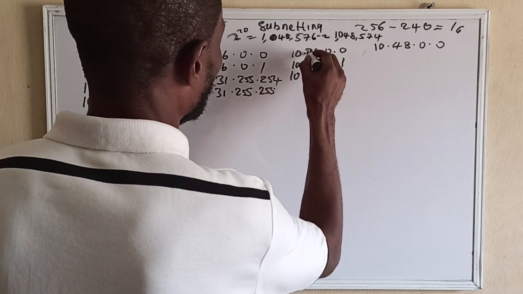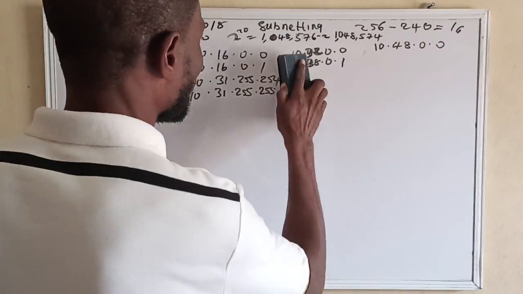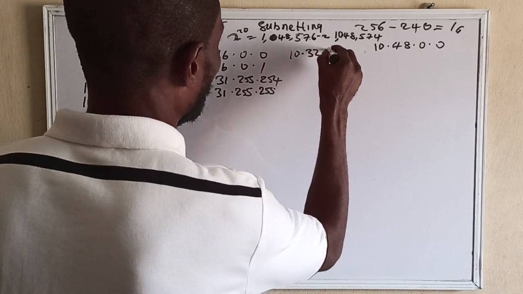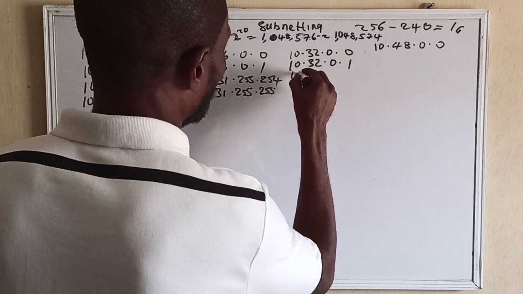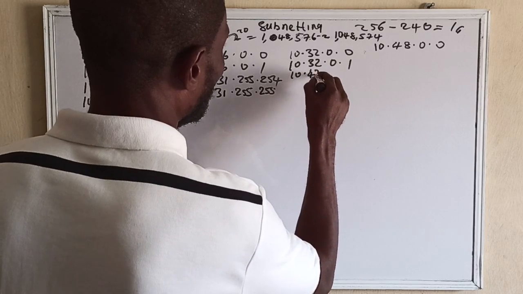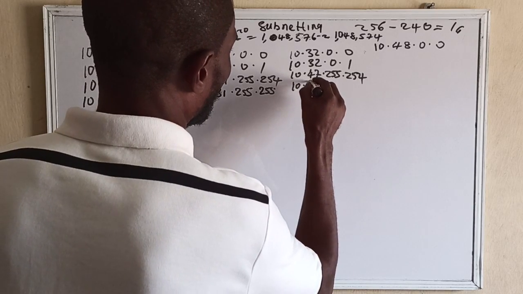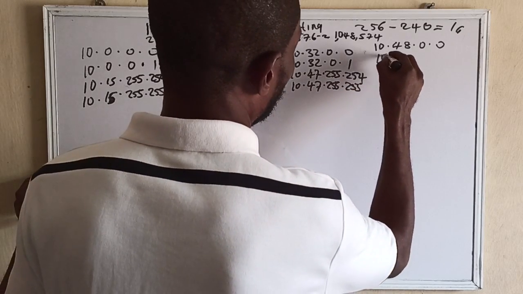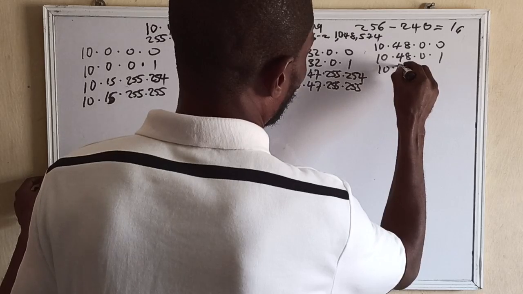Oh sorry, this is 32: 10.32.0.0, 10.32.0.1, up to 10.47.255.254, and the broadcast 10.47.255.255. Now this one is 10.48.0.1.